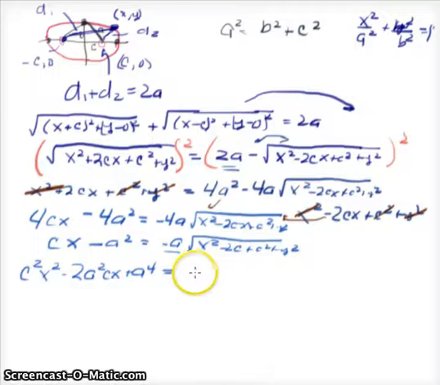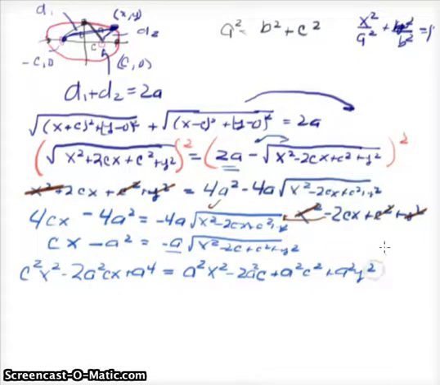So what am I going to have? I'm going to have a squared times x squared minus 2cx, plus a squared c squared plus a squared y squared.